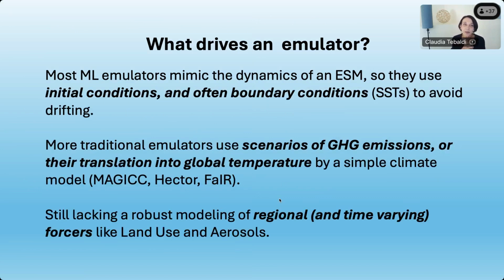Most emulators are driven by either greenhouse gas emission pathways or their translation by a simple climate model into global temperature pathways. But the most recent machine learning emulators are actually trying to mimic the dynamics of a climate model. So they need initial conditions or boundary conditions similar to what a climate model needs, except then their integration forward is much more computationally efficient, fast, and cheap.